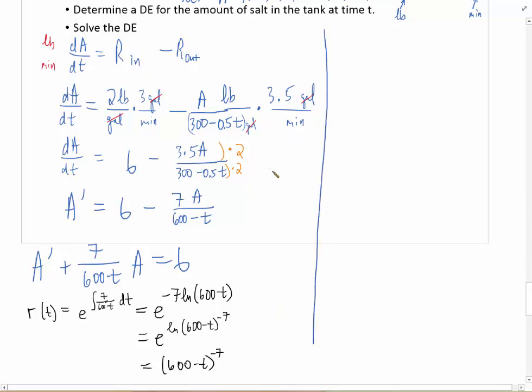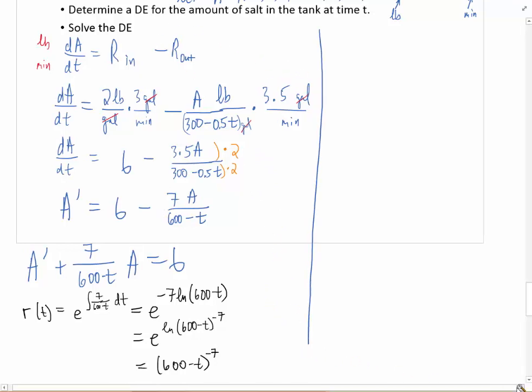So let's multiply through both sides of the equation by the integrating factor. I now have 600 minus t to the negative 7th times A prime, and now I have 7 over 600 minus t, that's 7 times 600 minus t to the negative 1st times 600 minus t to the negative 7th.